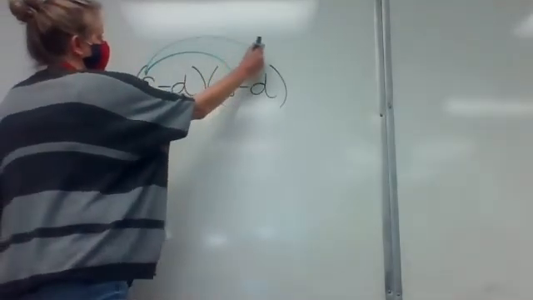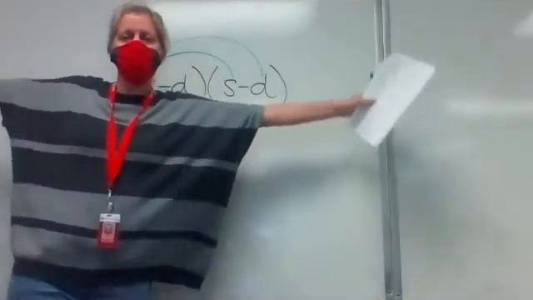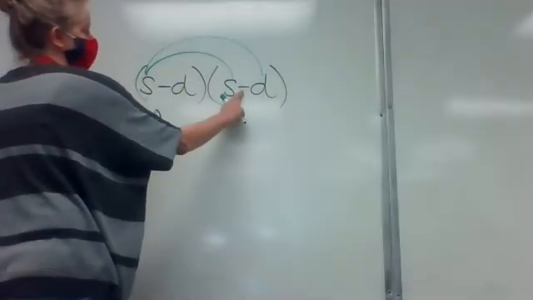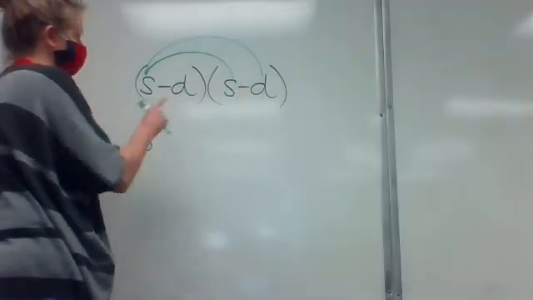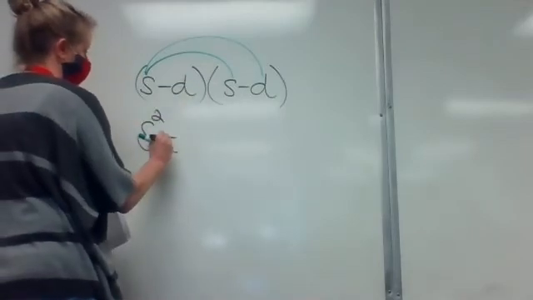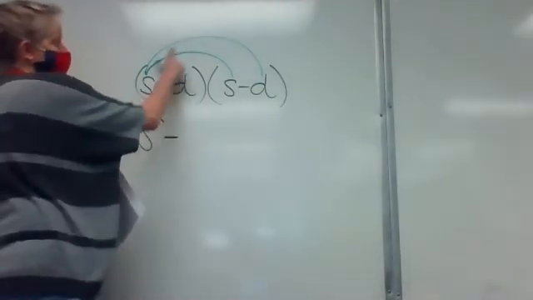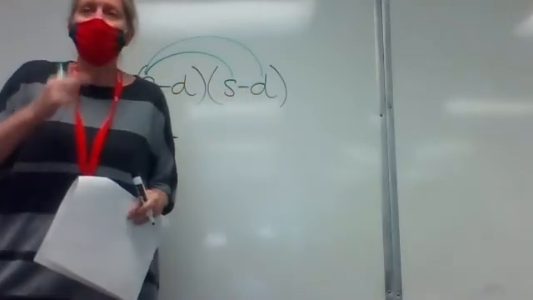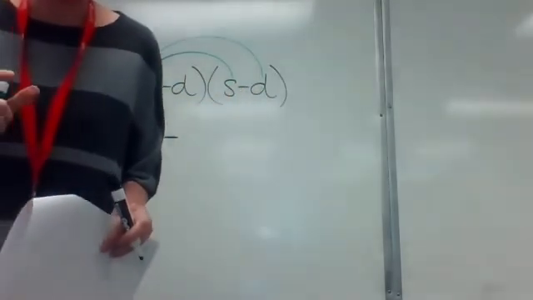My outer, remember outer is the farthest outside two terms. So I've got S times negative D. First of all, don't mess up on your signs. You got a positive times a negative. That automatically means that part is going to be negative. So I've got S times D. Now remember, I'm going to put those in alphabetical order.